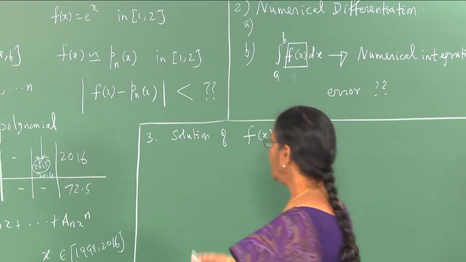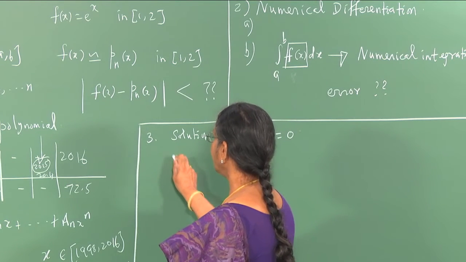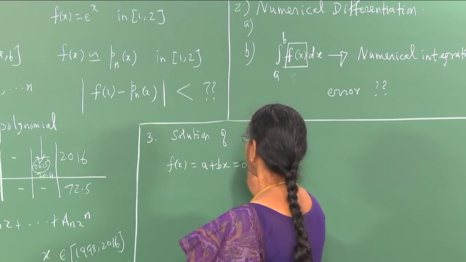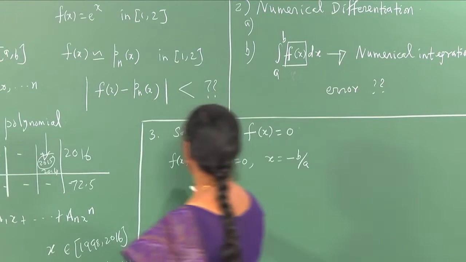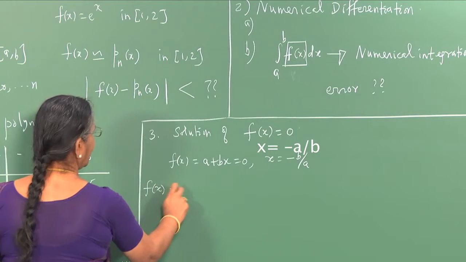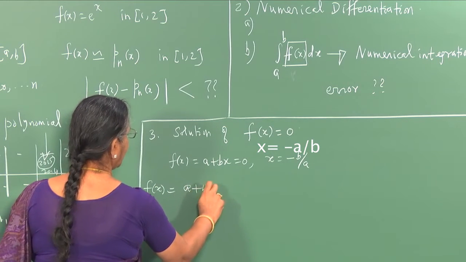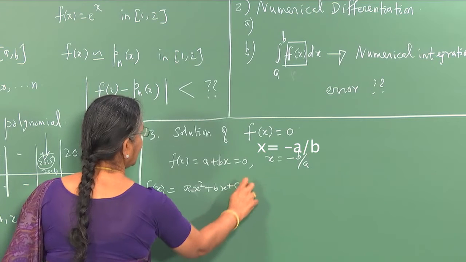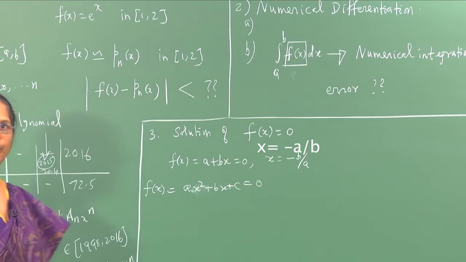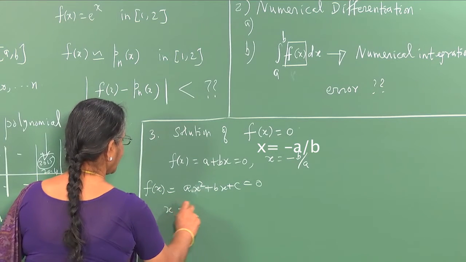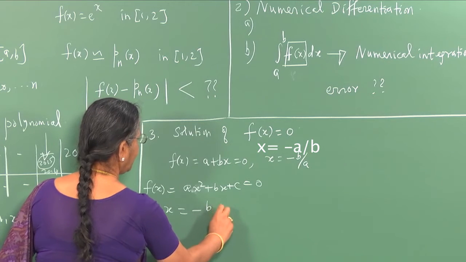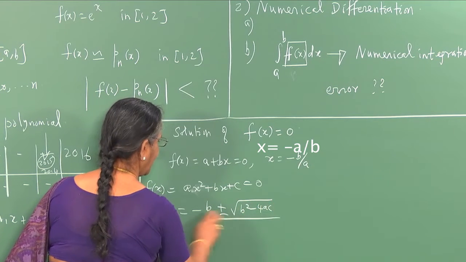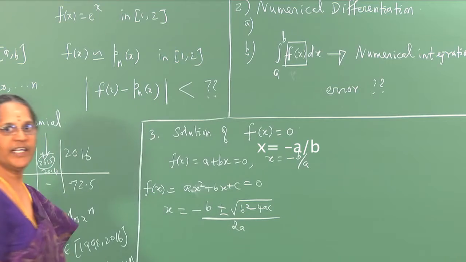And we all know that if f of x is a linear equation of the form a plus bx equal to 0, or a quadratic equation ax square plus bx plus c equal to 0, then this equation possesses two roots given by minus b plus or minus root of b square minus 4ac divided by 2a, involving radicals.